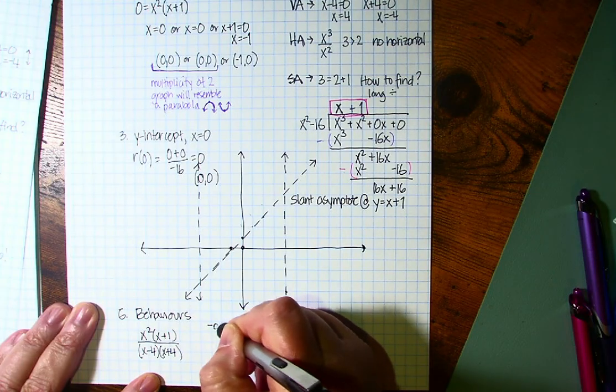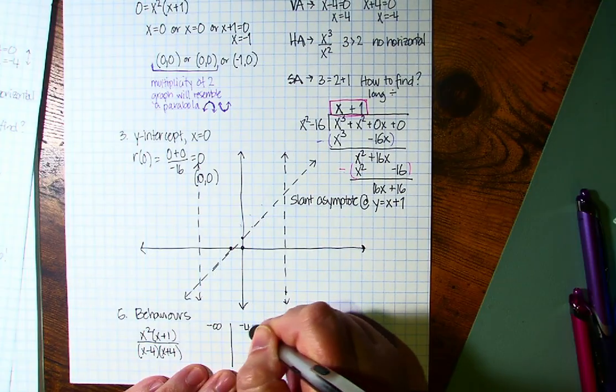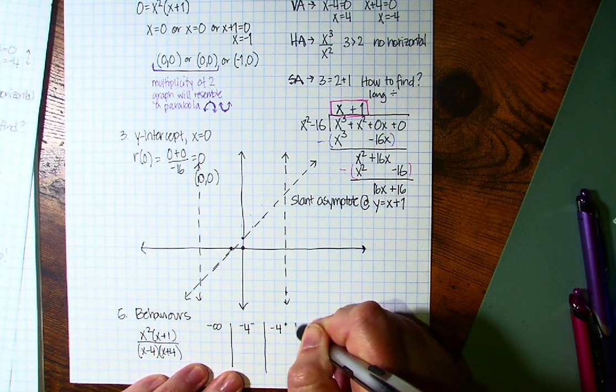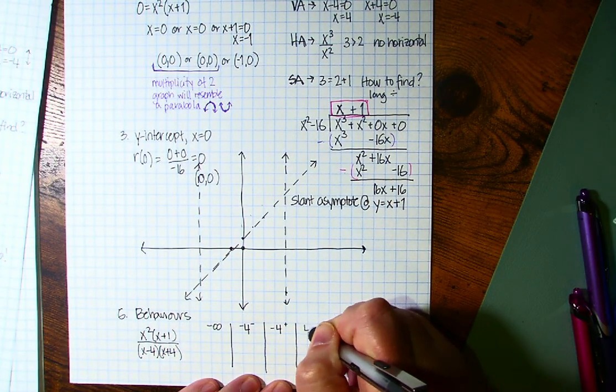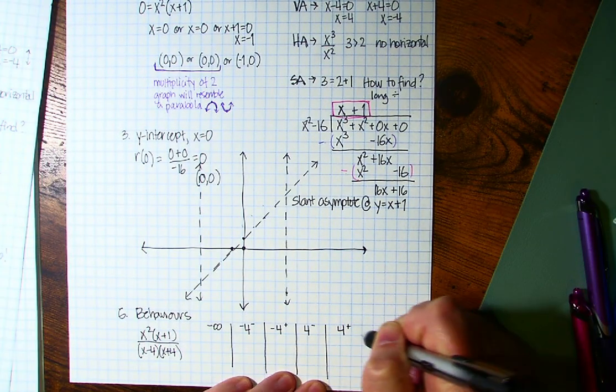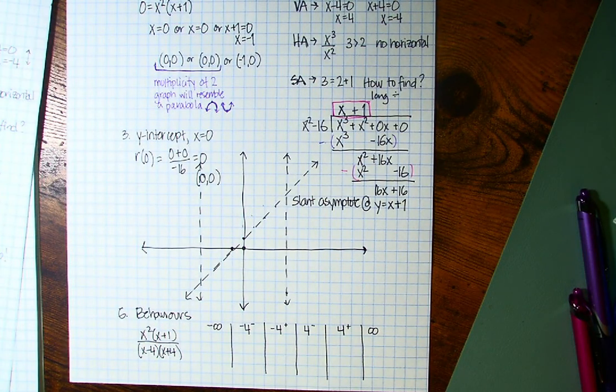We'll start with negative infinity. We'll then do negative 4 from the left. We'll do negative 4 from the right. We'll do 4 from the left. We'll do 4 from the right. And then we'll do positive infinity.